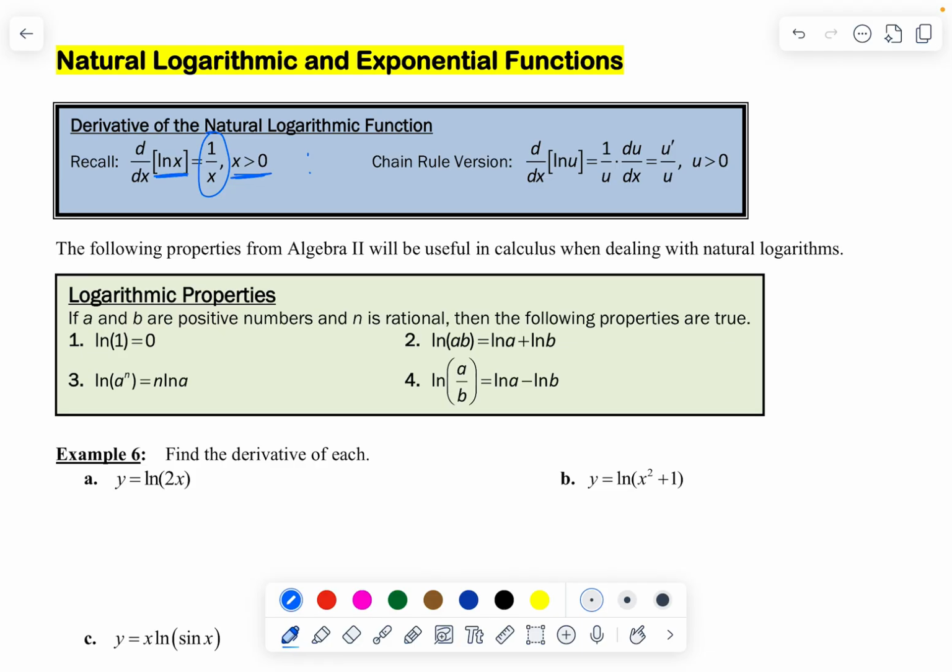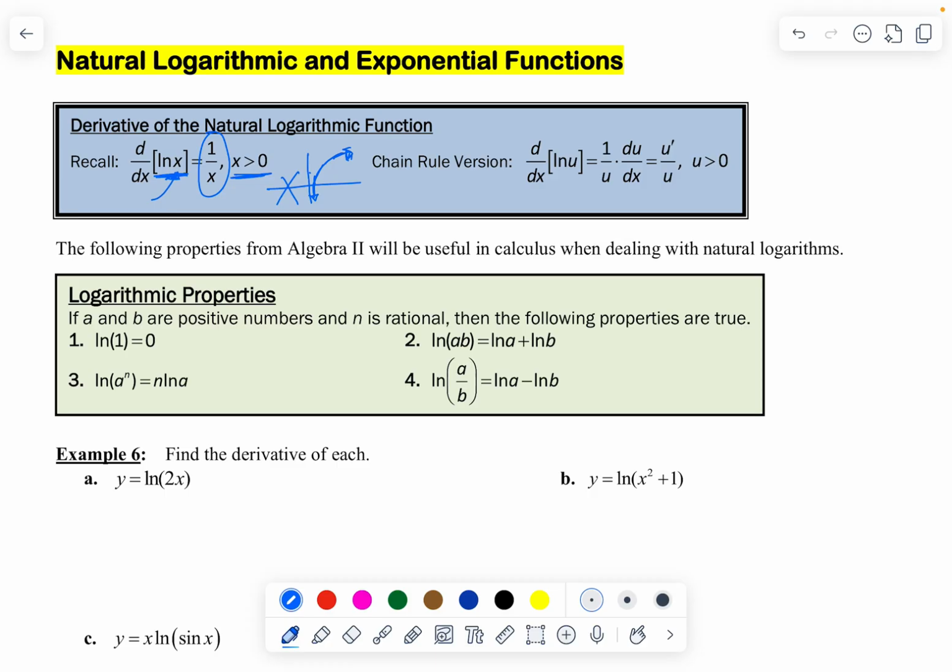And we need to know that the function of ln of x looks like this, right? It will never ever touch the negative because you cannot have a negative value inside of a log.